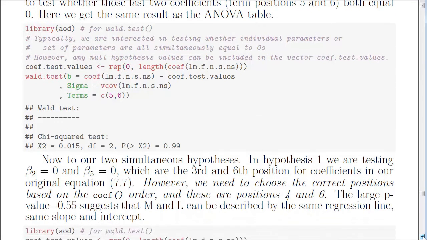Okay. So here is the aod library, that's where we get the Wald.test function. And there's actually a couple ways to perform this Wald test.